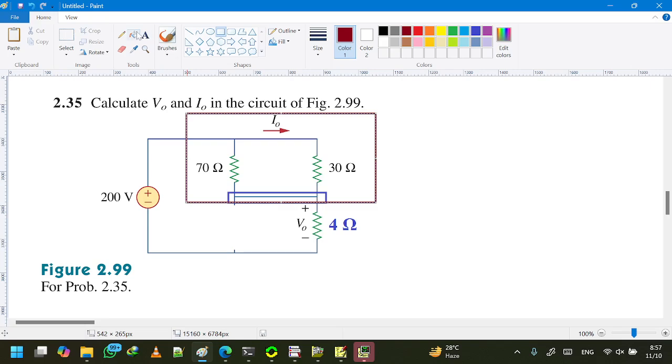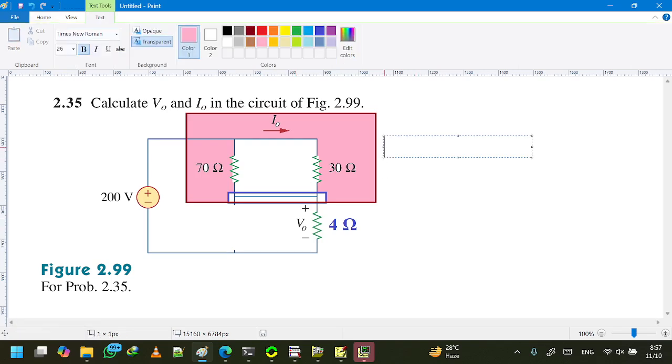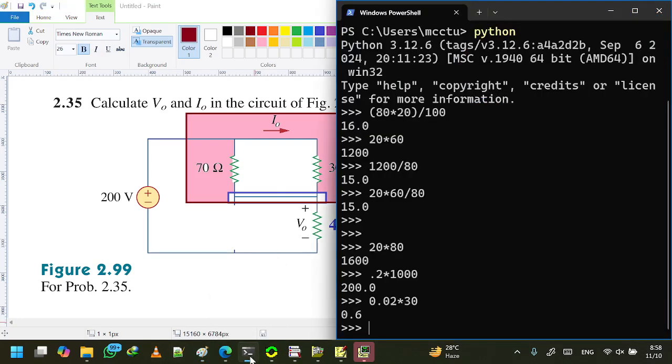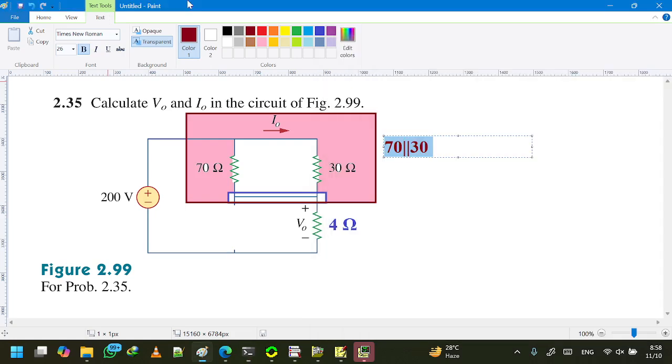Inside the border, the equivalent resistance is 70 parallel 30. So 70 parallel 30 gives us 70 into 30 divided by 70 plus 30, which is 100. So this is 21 ohm.